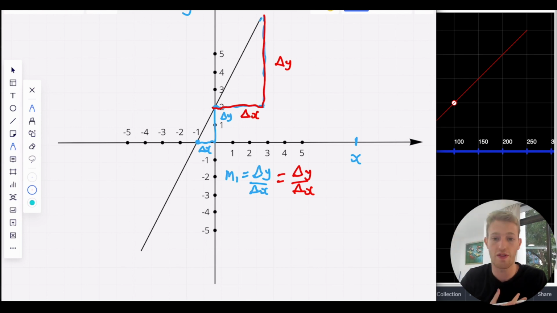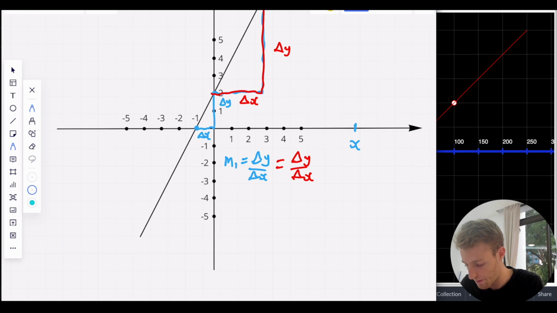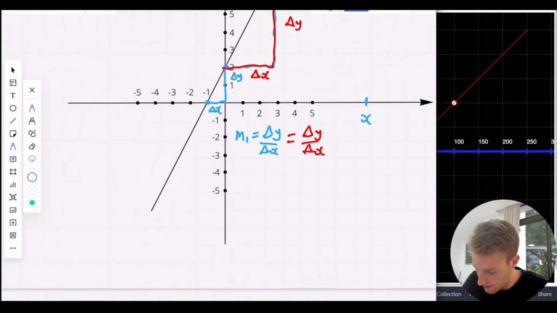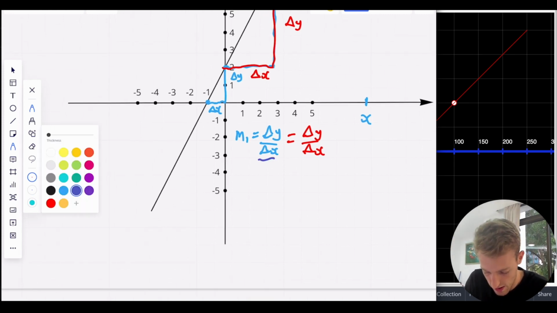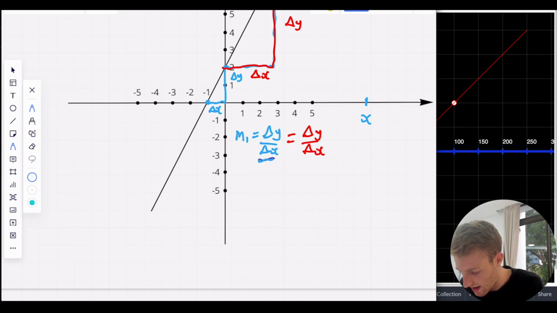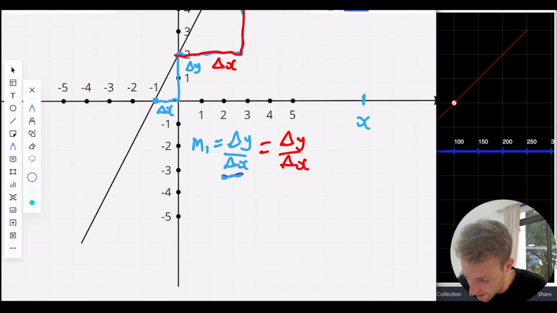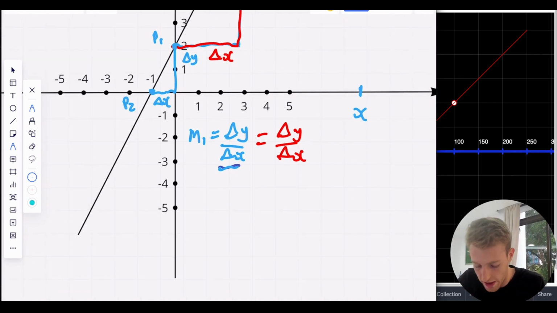Now, if we just put in symbols instead of numbers, let's see what happens. If we say that this is P1, and this over here is P2, or we could say the other way around, it doesn't really matter, but usually we would say that the one later is P2 and the one before is P1.